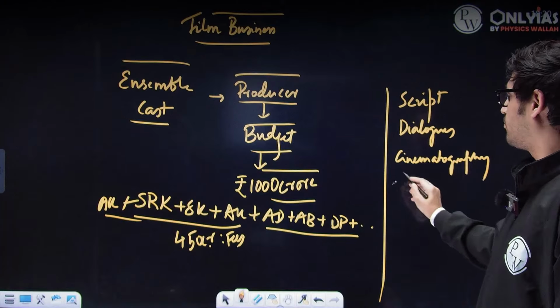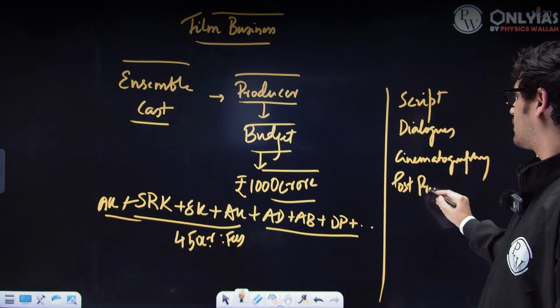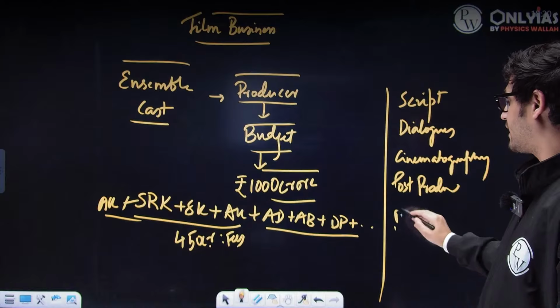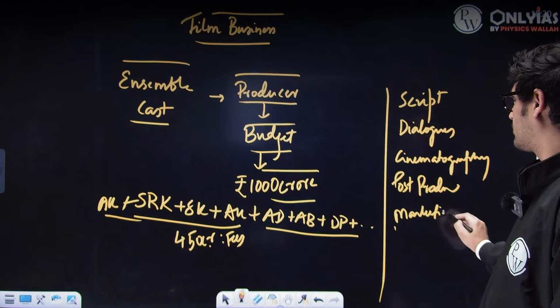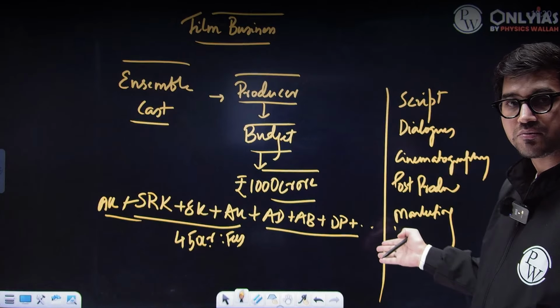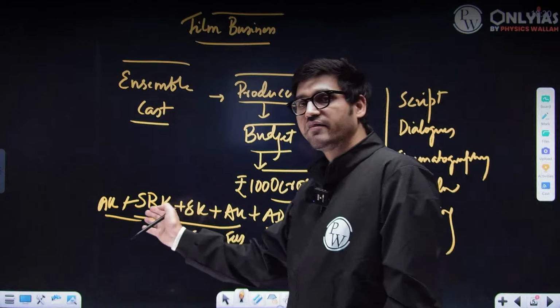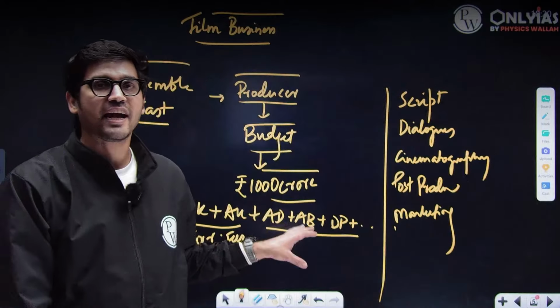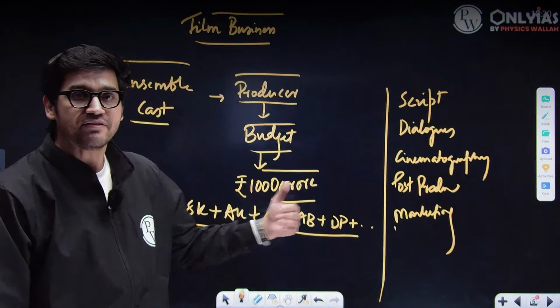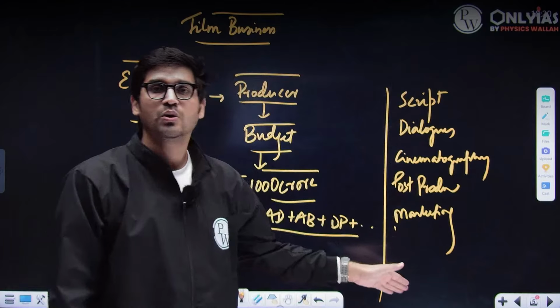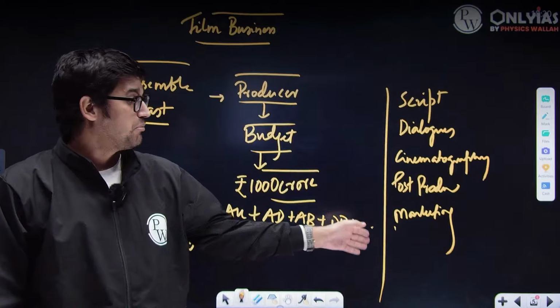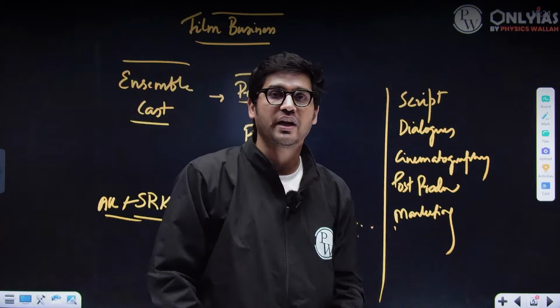What about post-production? What about marketing of the movie? This is also a lot of expenditure. If I am spending 600-700 crore rupees only and only on my actors, I am left with even lesser money to be able to do many of these things. And mind you, marketing is a huge spend for any movie.